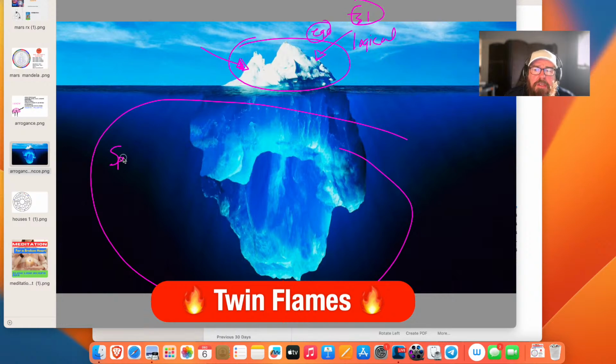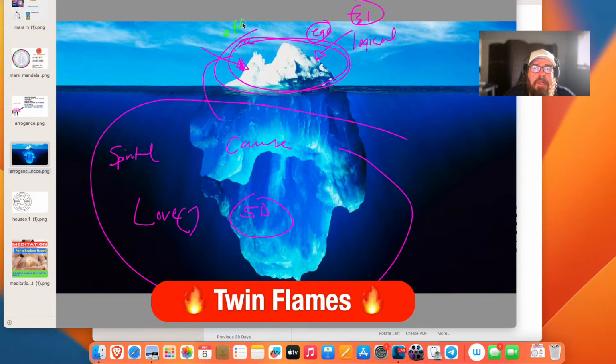This is the spiritual. Or you could look at this as the 5D, right? This is the unconditional love that's holding the twins together. And this is the cause, right? And the effect is this. It's very, very limited, isn't it?